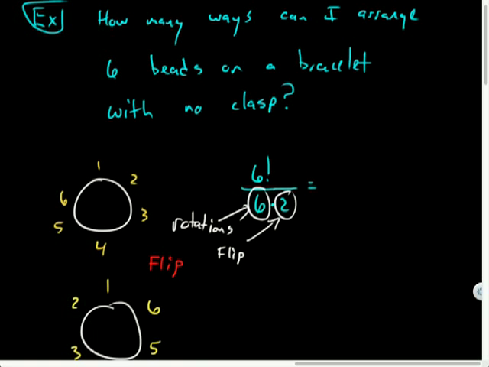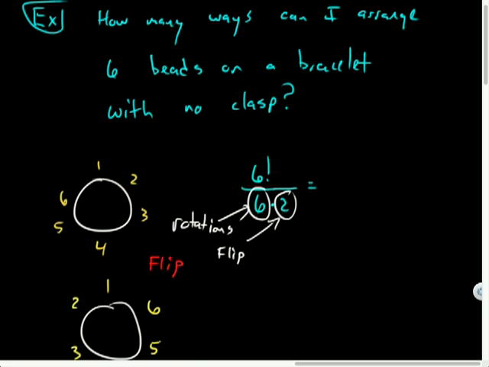Right? Because I want to eliminate those duplicate answers where I can't tell the difference. Like it's the same bracelet, right? Like you can be like, it's a different one. Nope, I can't tell. So this is going to be, well, 5 factorial up top.